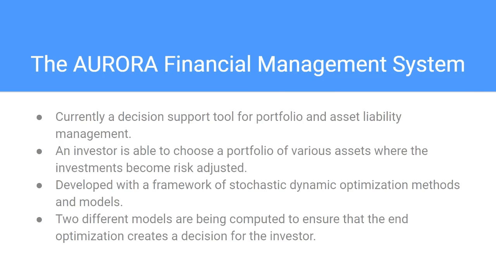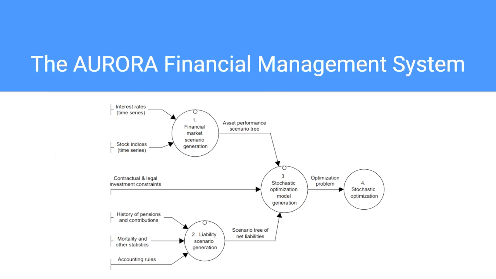There are two different models being computed to ensure that the end optimization creates a decision for the investor. So I will talk about the financial management system, and I will run through how it currently computes and makes its optimization.